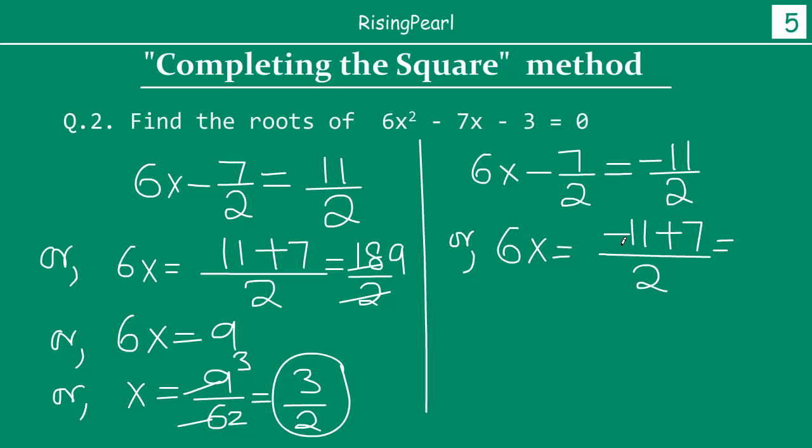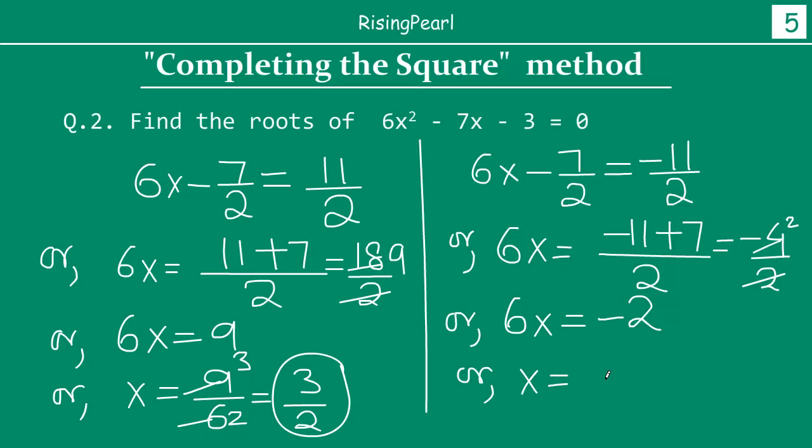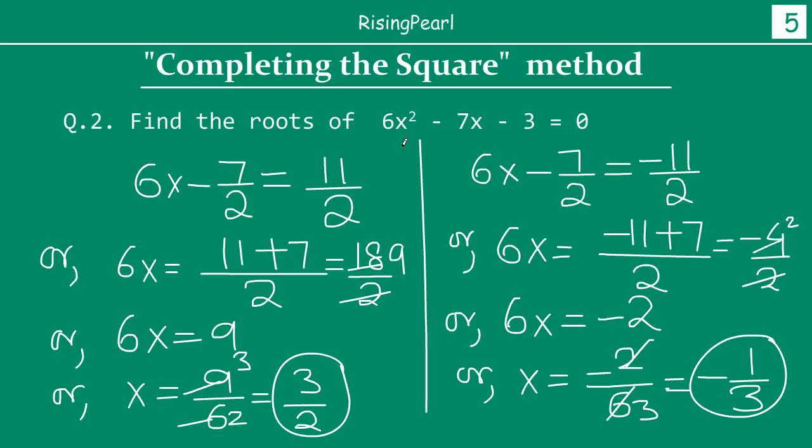So minus 11 plus 7 is minus 4 by 2, or 6x is equal to 2 1s are 2, 2 2s are 4, so minus 2, or x will be equal to minus 2 by 6, or 2 1s are 2, 2 3s are 6, minus 1 by 3. So the two roots of our quadratic equation, using the completing the square technique, are 3 by 2 and minus 1 by 3.